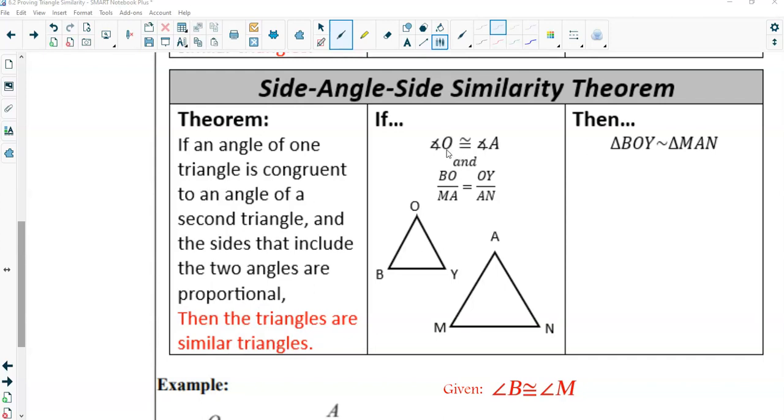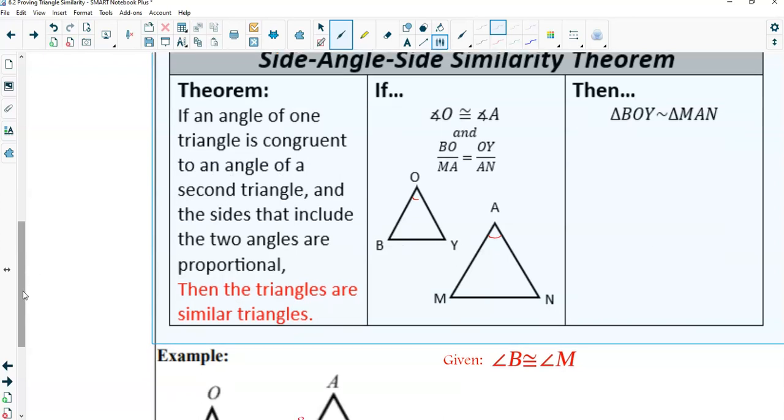In this case, you have angle O right over here is congruent to angle A. And then you have that BO is to MA as OY right over here is to AN. If those two ratios are equal, that means they are proportional, then you have triangle BOY similar to triangle MAN.